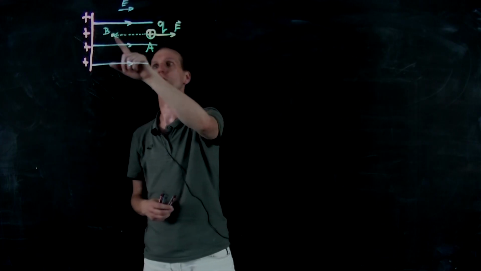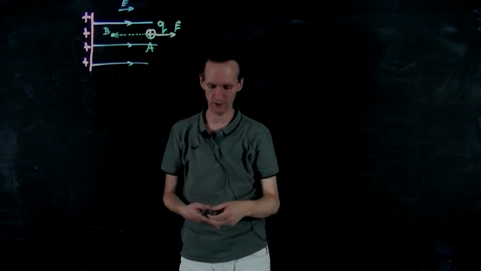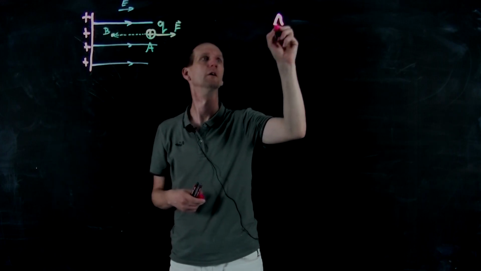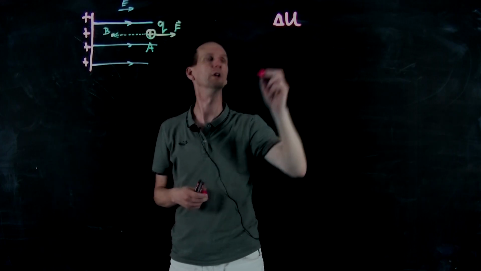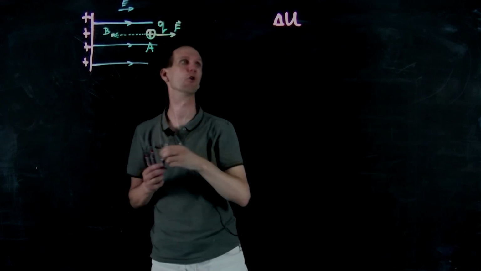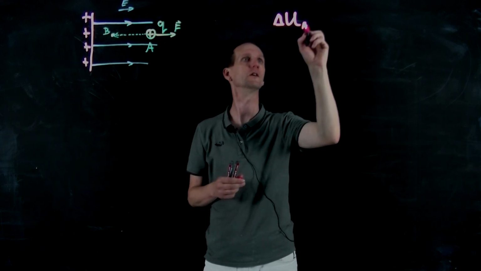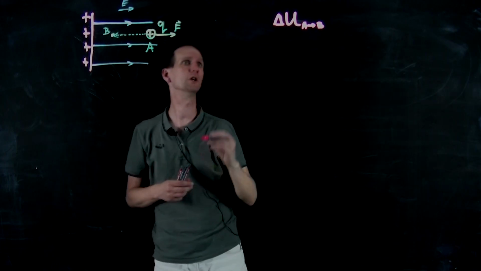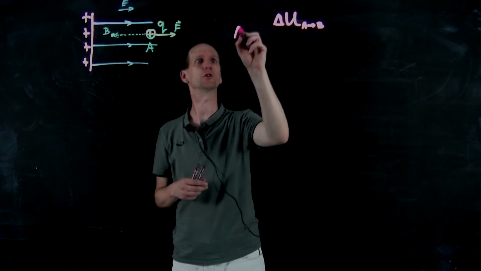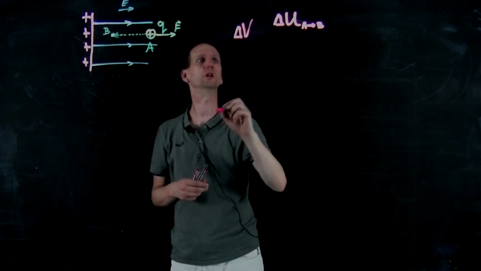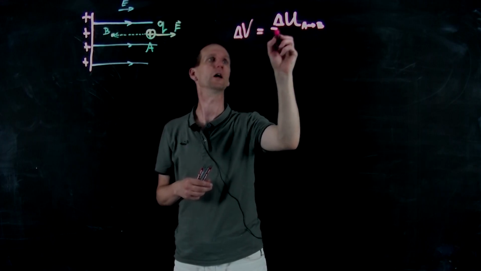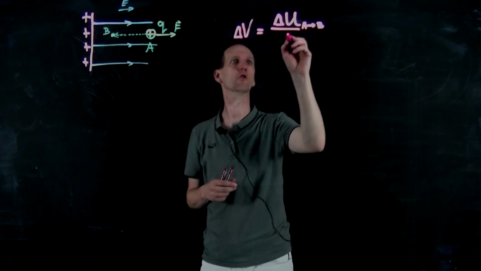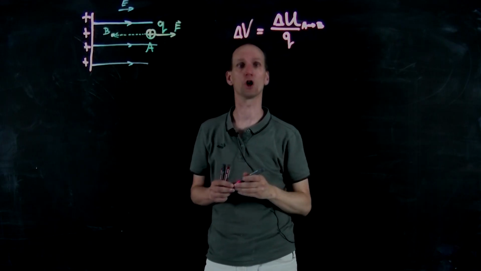So the particle moving from A to B will gain some energy, and that energy gain we can indicate by a value delta U. So it's the change of energy going from A to B. So I will just indicate here going from A to B. Now we define the potential, the electric potential, delta V, between the points A and B as the ratio of the potential energy difference over the magnitude of the charge that we are considering.